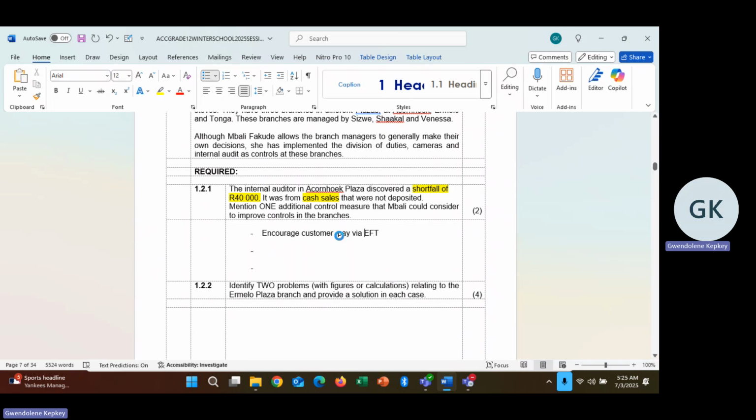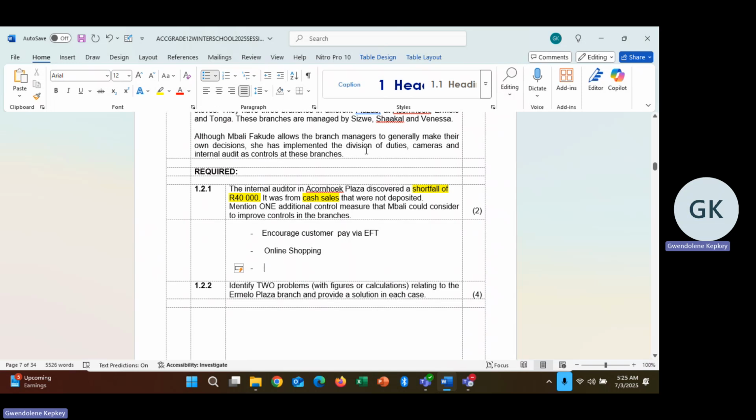That's shorter. Then, grade 12s, surely we can look at introducing online shopping, where we allow our customers to shop online. Again, safer, not having cash involved. Then the policies that have been implemented are cameras and division of duties, but not much effort has been made.